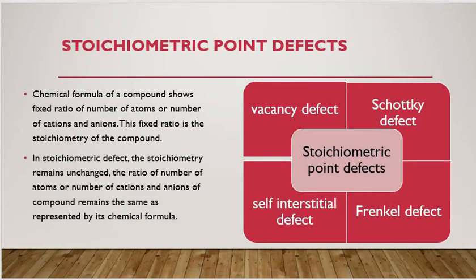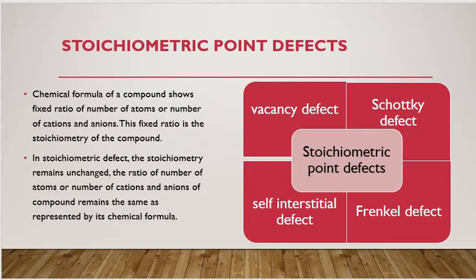First of all, I am going to tell about the term stoichiometric. The chemical formula of any chemical compound is used to show us the fixed ratio of number of atoms, or you can say in any compound cation or anion. Within the chemical formula there is a fixed ratio between the elements, and this fixed ratio is the stoichiometry of the compound.